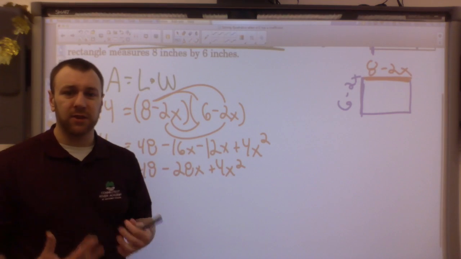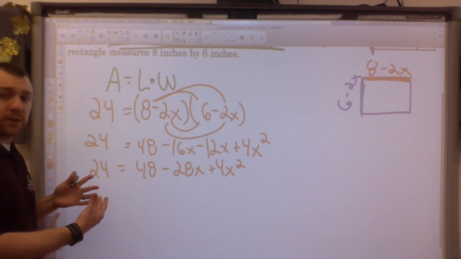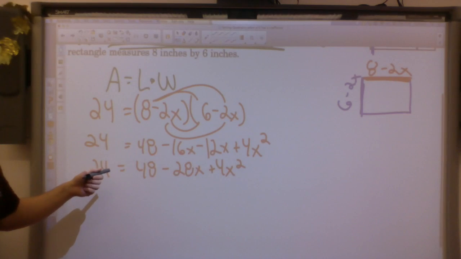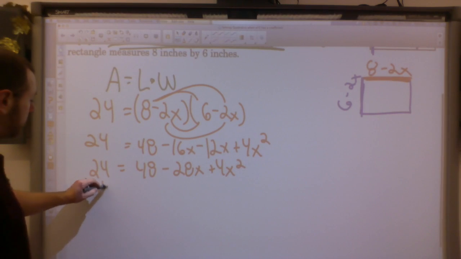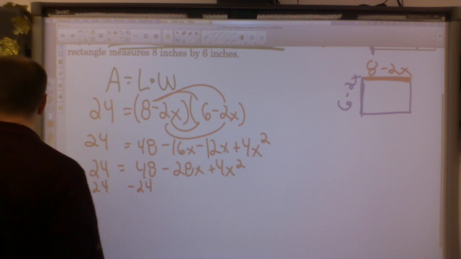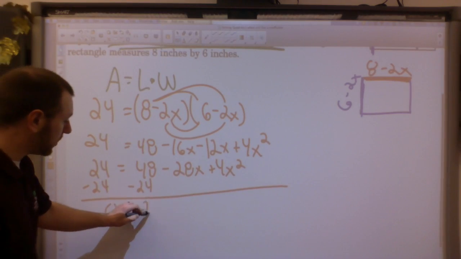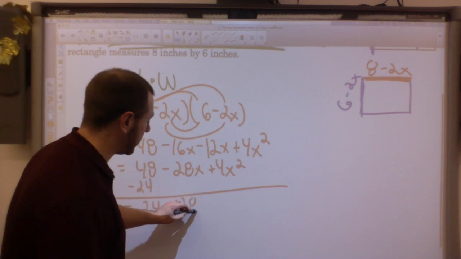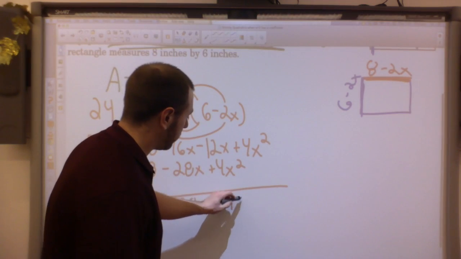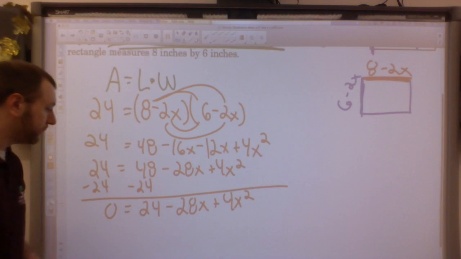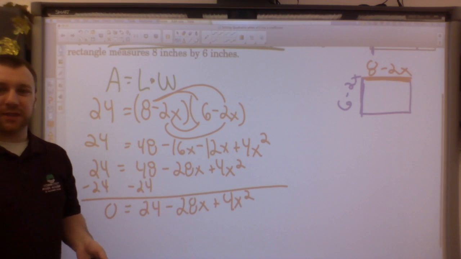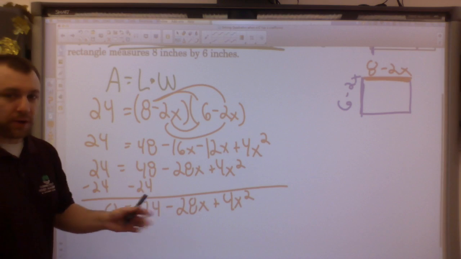Well, this doesn't look right because I can't solve this, right? So, first off, I have to get equal to 0. So I'm going to subtract 24 from both sides. I'm going to get 0 equals 24 minus 28x plus 4x squared. Well, we're not used to seeing it in this order at all.